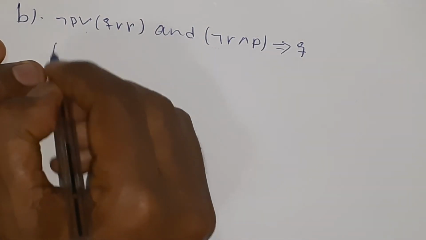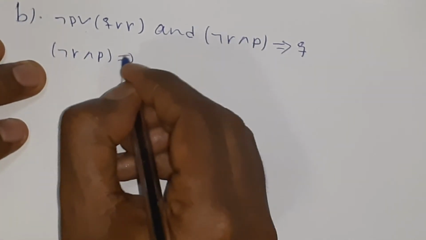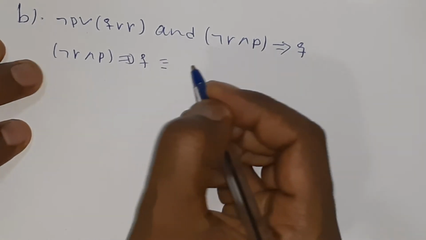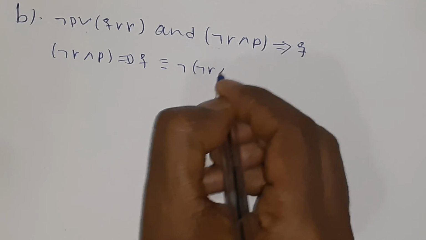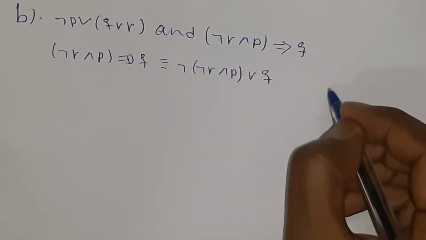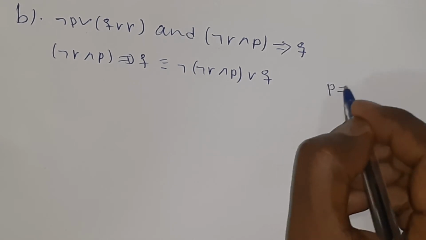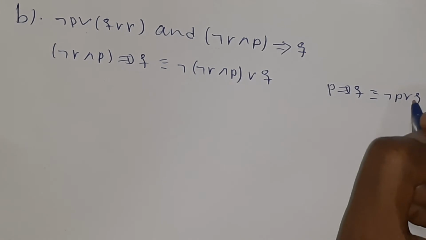That means the negation of R and P implies Q is equivalent to, written as, the negation of R and P or Q. That is, using the property that P implies Q is equivalent with negation of P or Q.